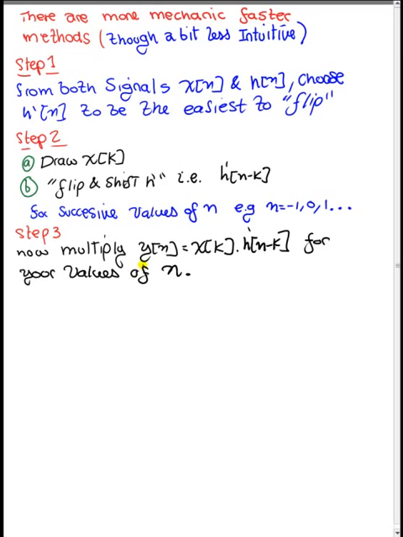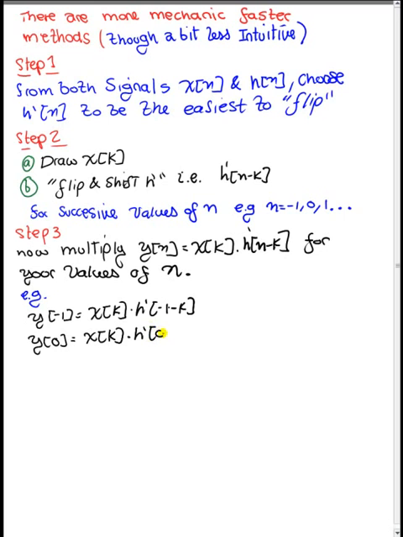So for the example that we provided, just like n equal to -1, 0, and 1, what you're gonna do is you're gonna say, for example, y of -1 is gonna be x of k times h of -1 minus k, and you're gonna say, alright, now y of 0 is gonna be x of k times h of 0 minus k.